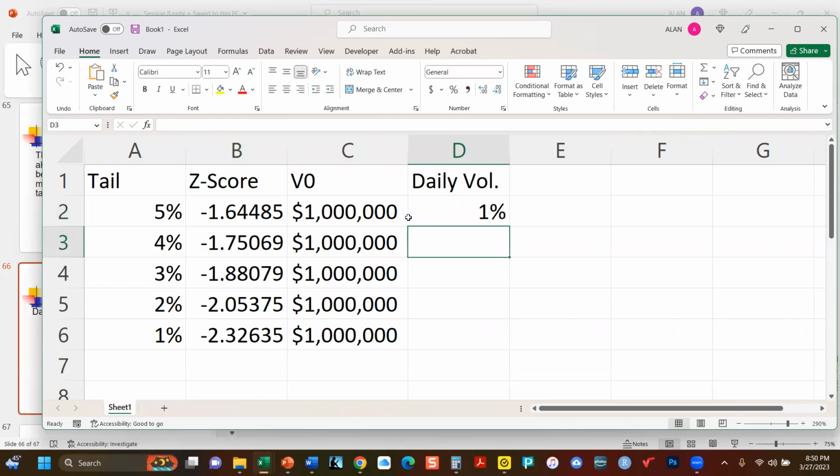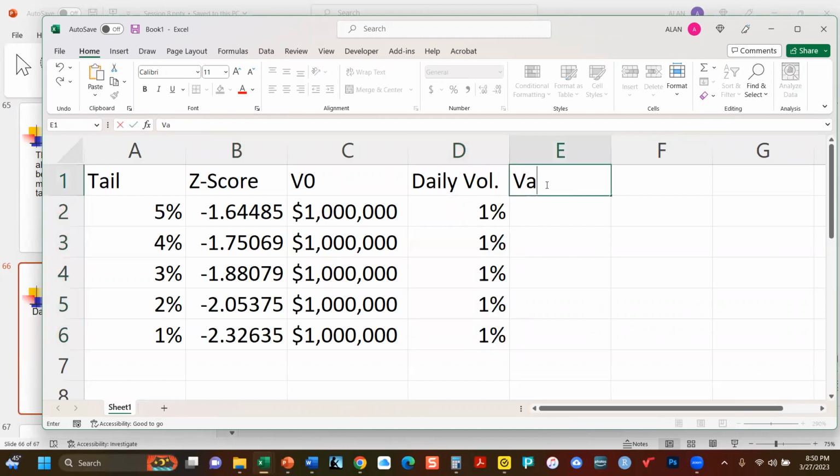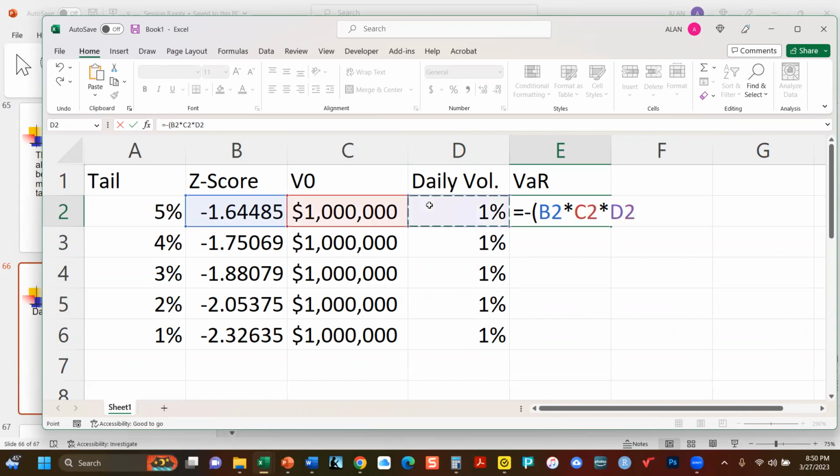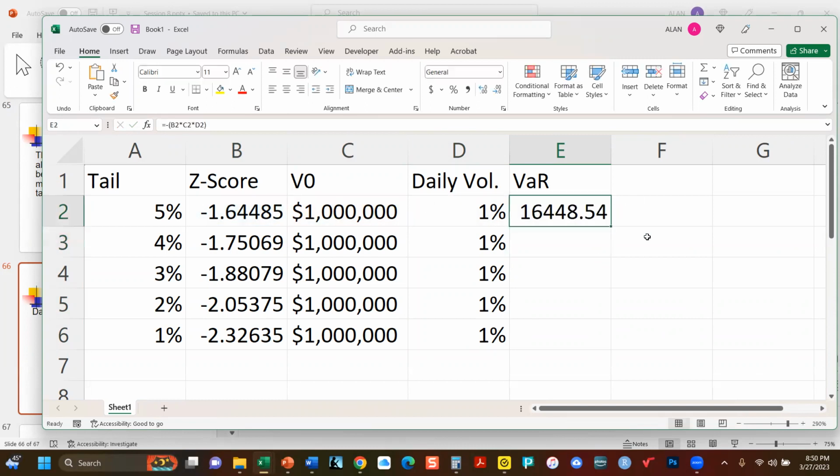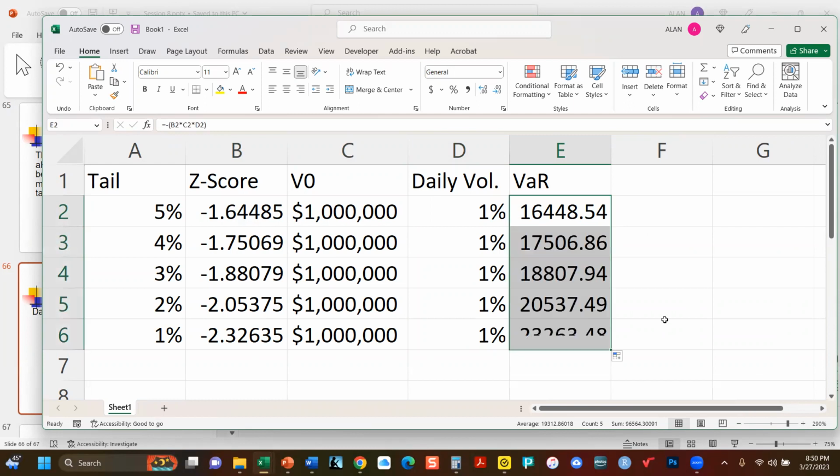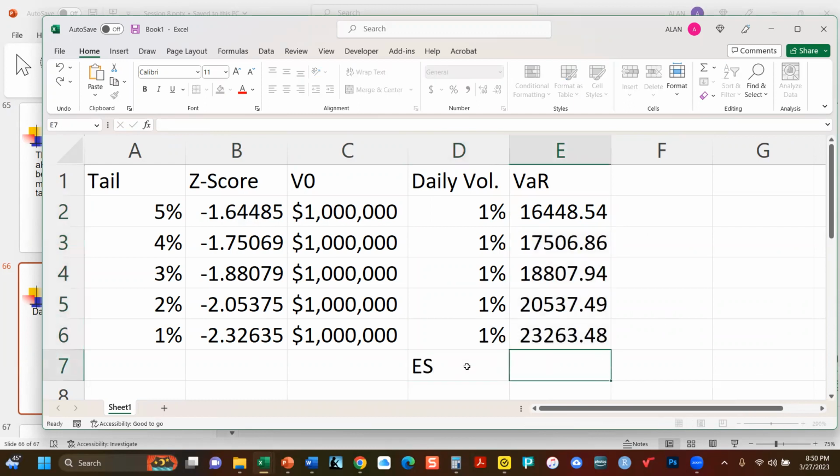And that would be the same for every case. And so the VAR for each of these cases is the product of these three numbers. I'll use a negative here to get rid of that negative sign. And so these are the 5 VARs that I would get. And the expected shortfall would just be the average of these 5.